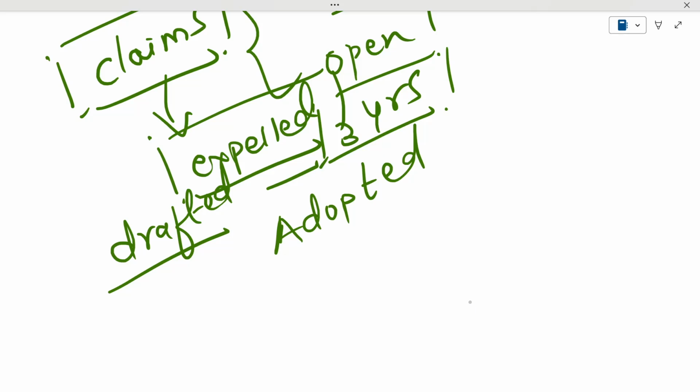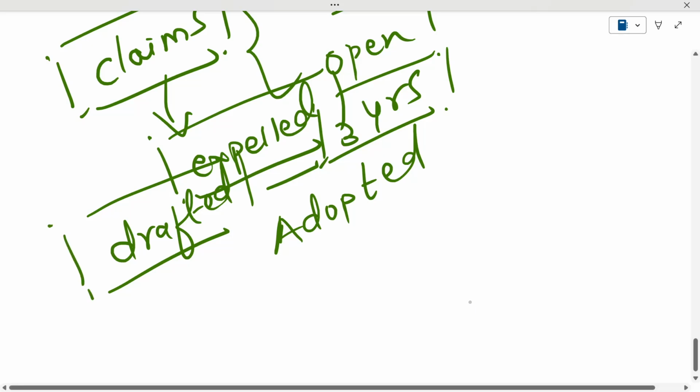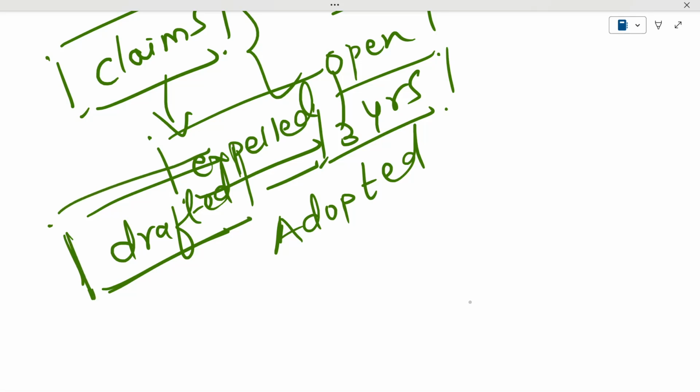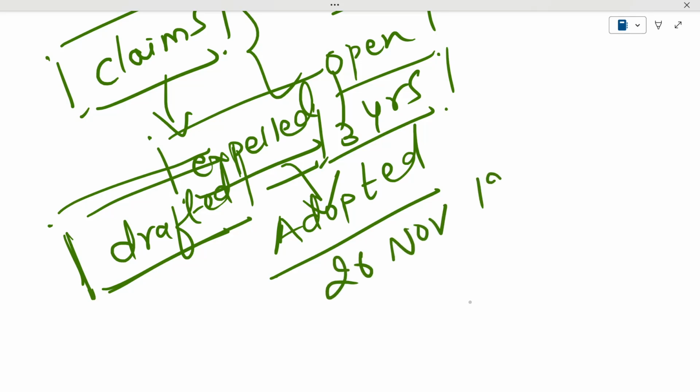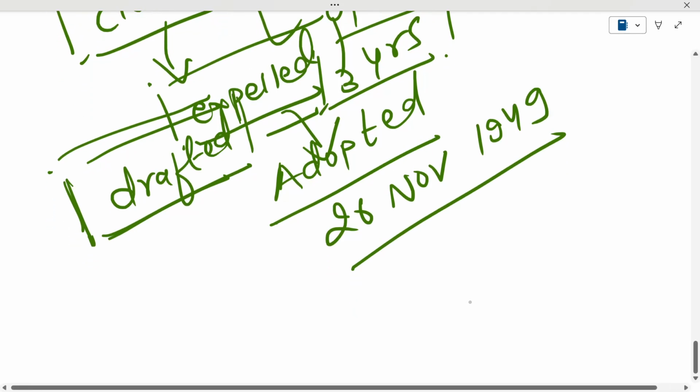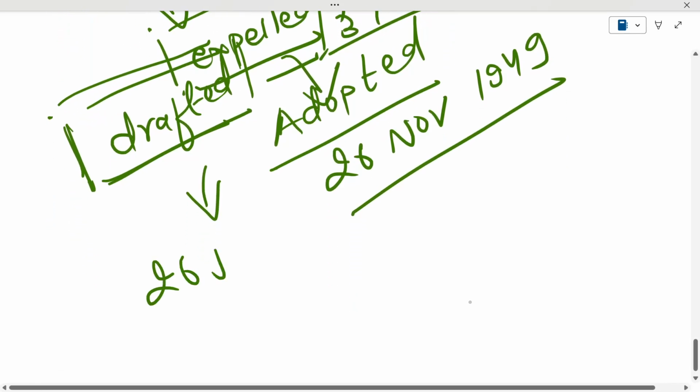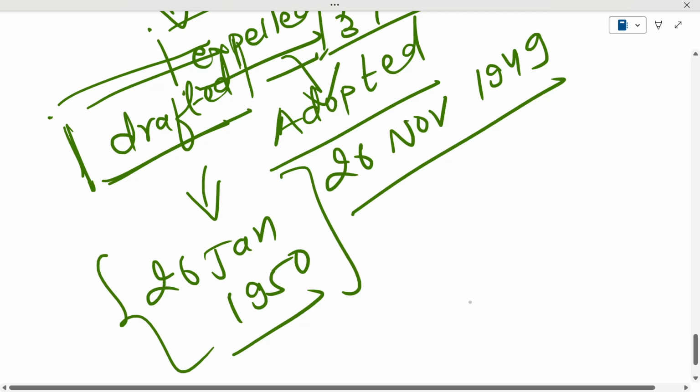They tried to take the opinion and views of most of the people, and many such general views were discussed and deliberated upon. This was how our constitution was drafted, and we adopted it on 26 November 1949. Finally, it was enacted on 26 January 1950. These are the basics, and we will know about them later.